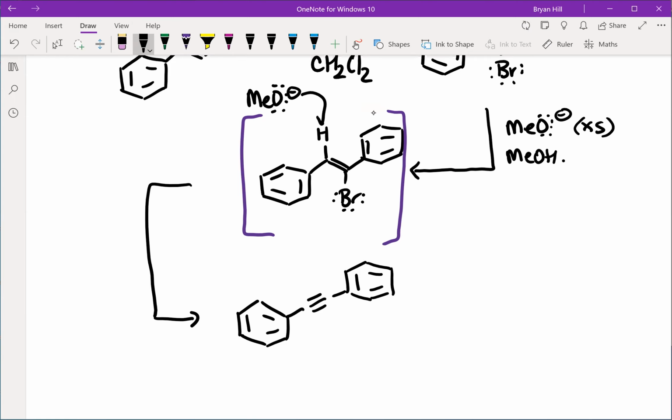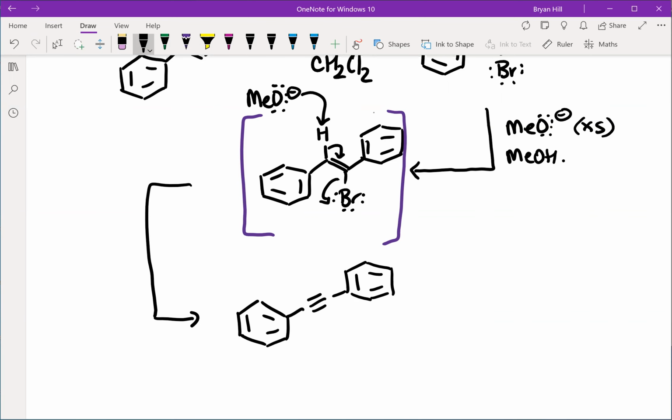The main difference is that this elimination is actually taking place on an sp2 hybridized carbon. So that's slightly different than what we've seen. But the key point is that we've made our triple bond.